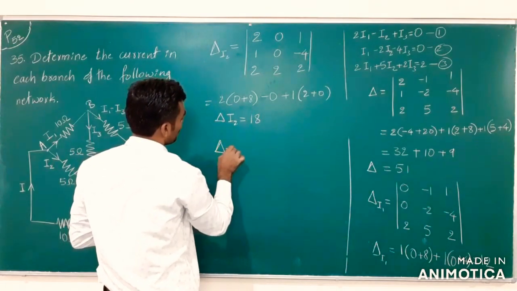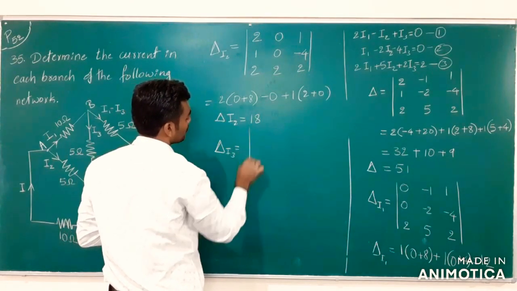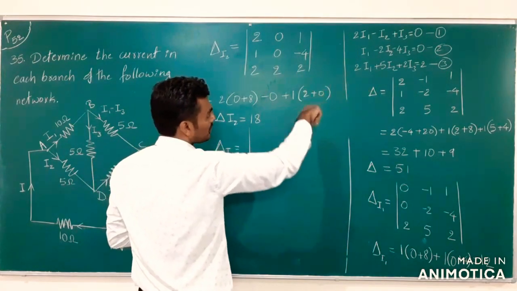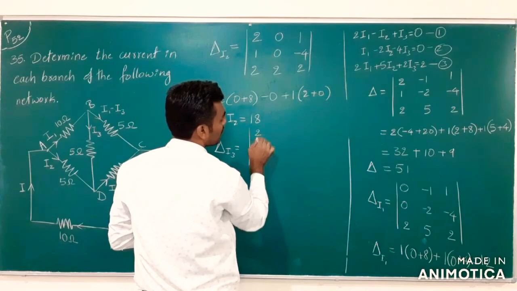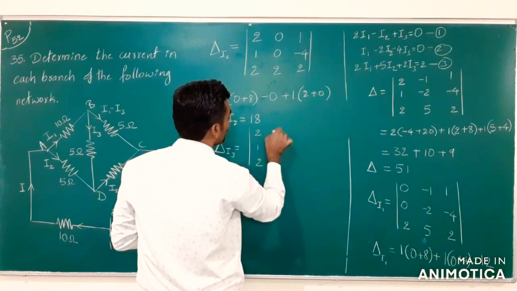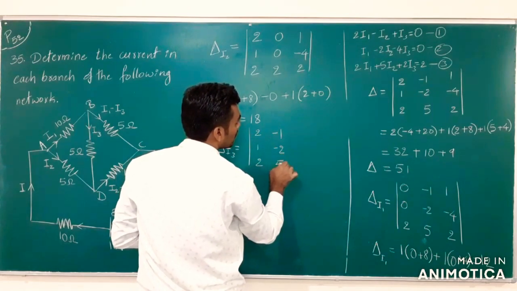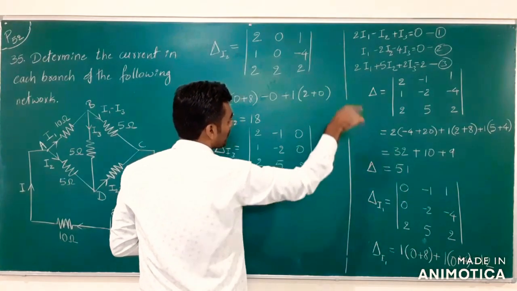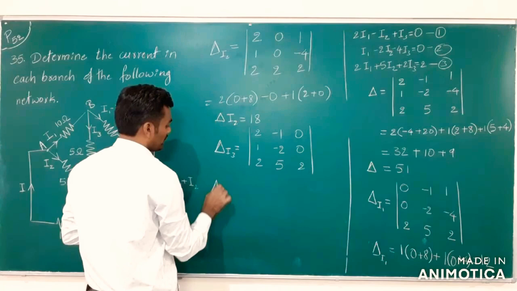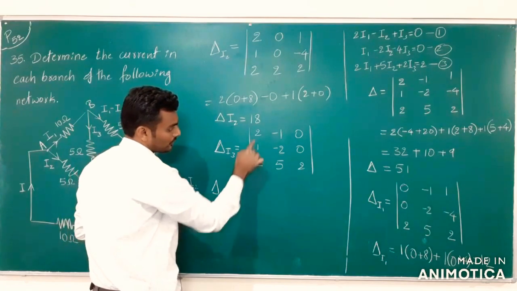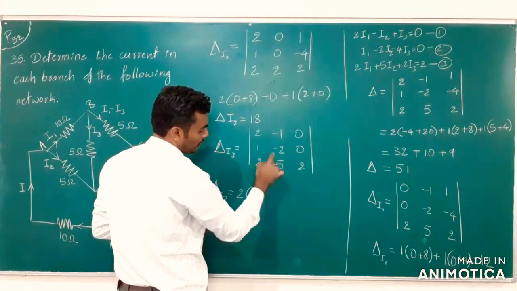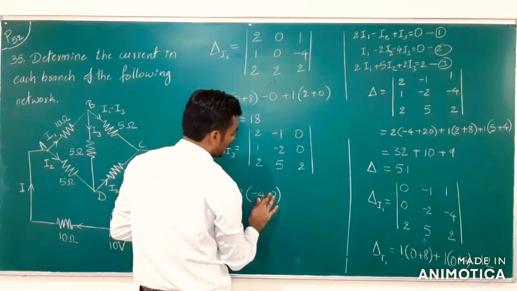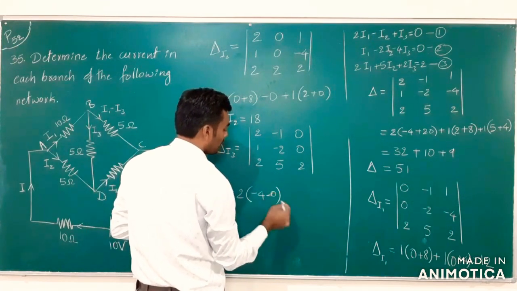Similarly, delta I3 is equal to, in the place of coefficients of I3, I'll put the RHS values, the rest everything stays the same. 2, 1, 2, minus 1, minus 2, 5, 0, 0, 2 instead of 1 minus 4, 2. So delta I3 is equal to 2 times minus 4 plus 0, minus 0 actually, fine, no problem.